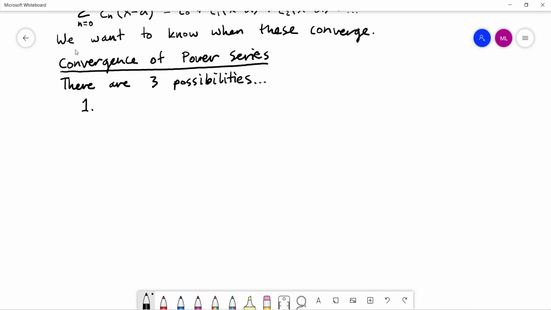Possibility one is that the series converges only at the point x equals a. If we're trying to approximate a function, potentially our series will only actually approximate that function at that one single point. That's not a very good outcome.